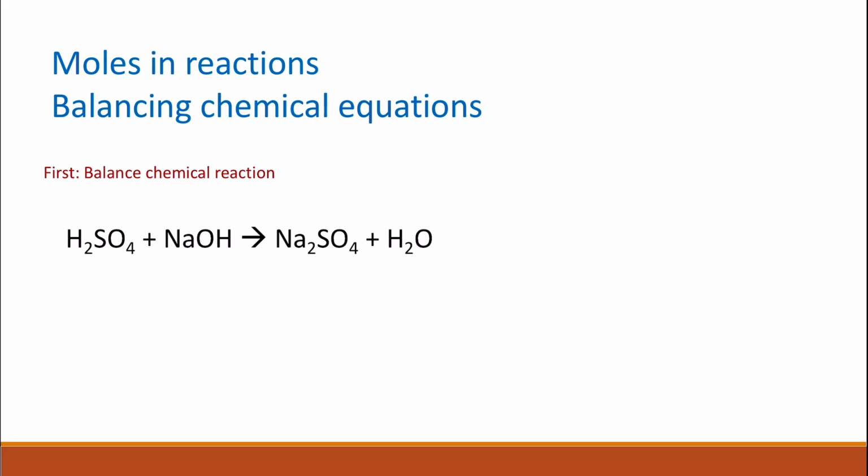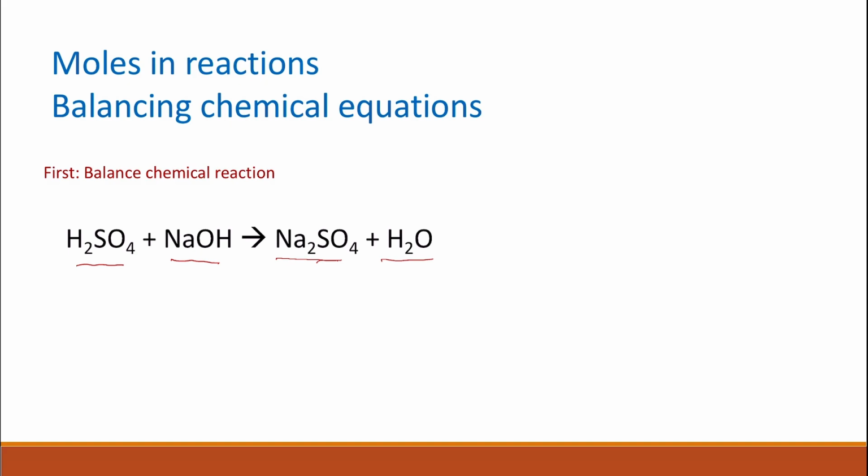Let's look at this reaction in front of us, which is a reaction between sulfuric acid and sodium hydroxide to give us sodium sulfate and water. This is a simple acid-base reaction that gives you salt and water. But this equation is not balanced.